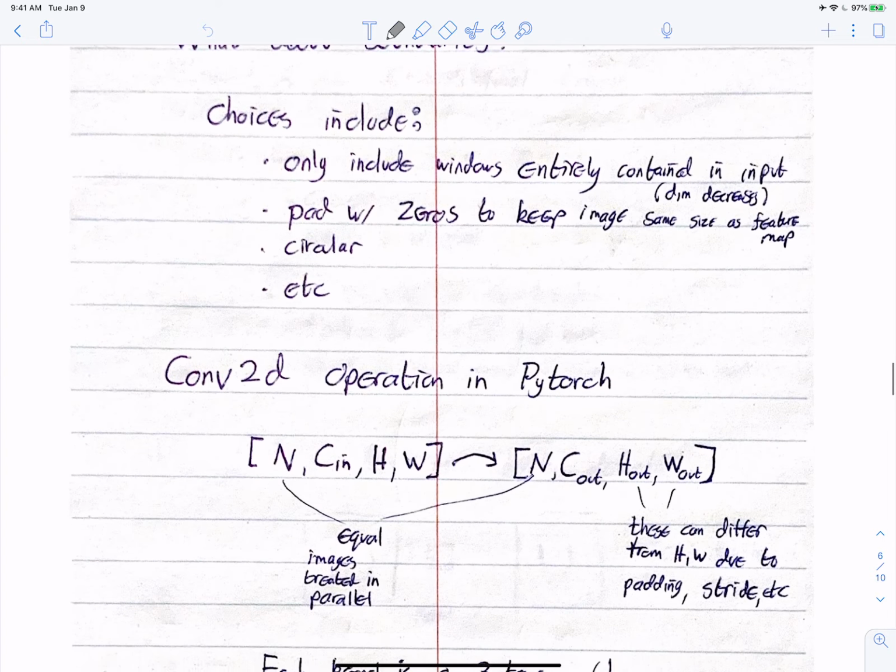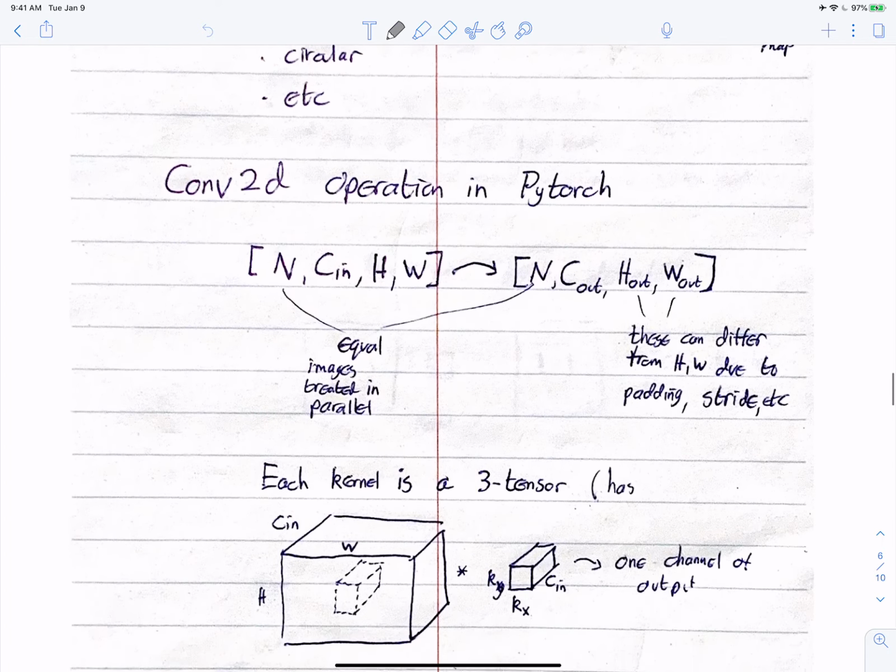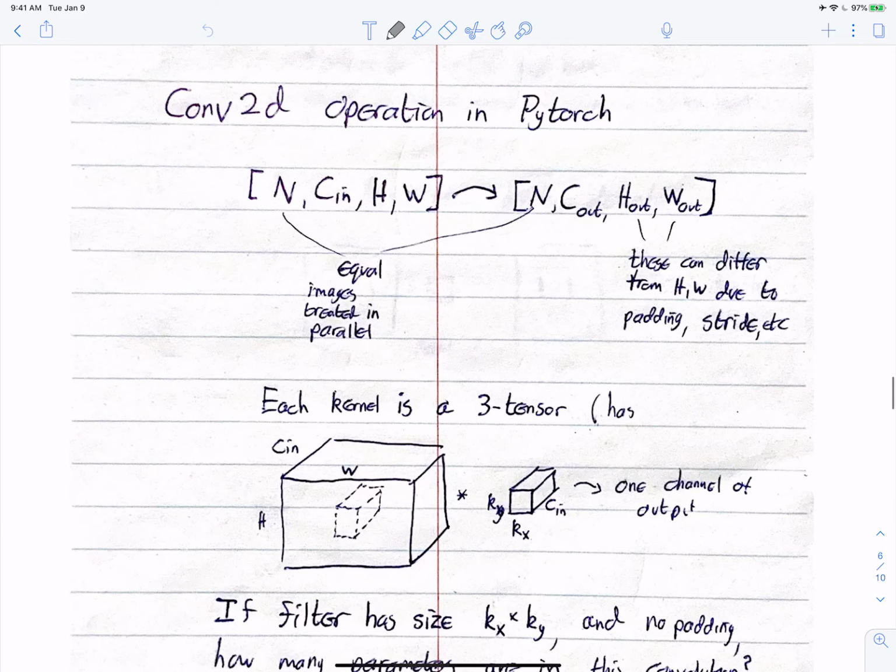So let's think about exactly how convolution works in, let's say, PyTorch, and here we'll dive into the conv2D operation. So this is a two-dimensional convolution, and it takes a batch of images and gives a batch of output activation maps or feature maps.